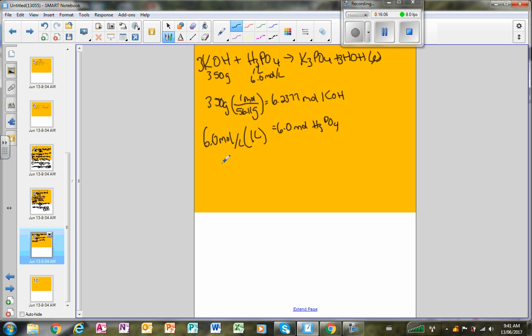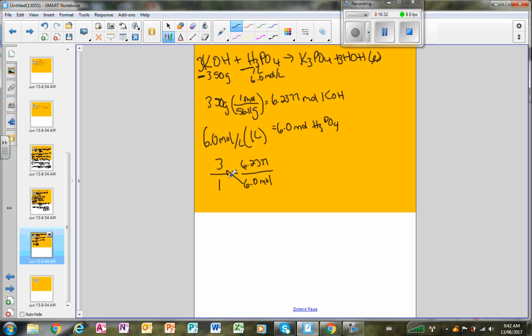Okay, now we need to look at the relationship between the reactant moles. So we have 3 moles of potassium hydroxide to 1 mole of phosphoric acid coming from our equation. Then we look at the number of moles we had: 6.2377 versus 6.0 moles.